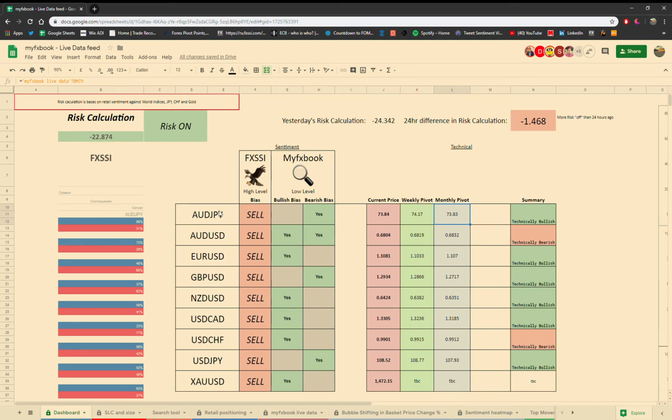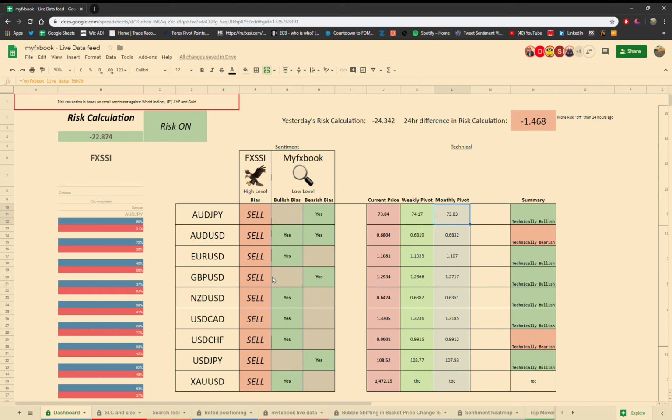So we'd wait for all the ducks to line up before we start shooting them, put the ducks in the barrel. So Australian dollar US dollar is mixed, as you can see. It's got a bullish bias and a bearish bias. So they're going long and they're going short. Okay. So the Euro USD is a sell, but we've got a bullish bias, so that's mixed on the low level.